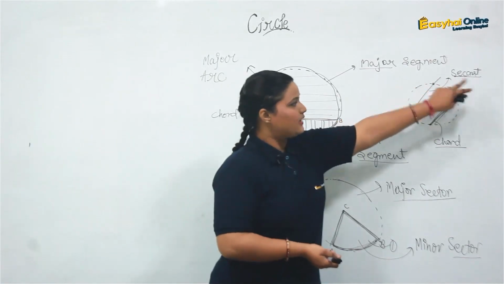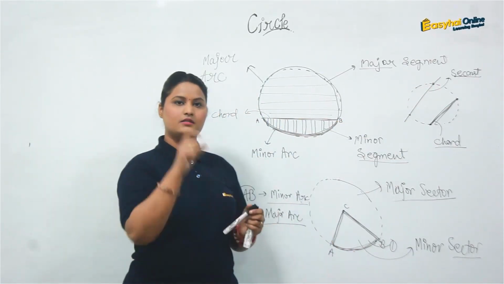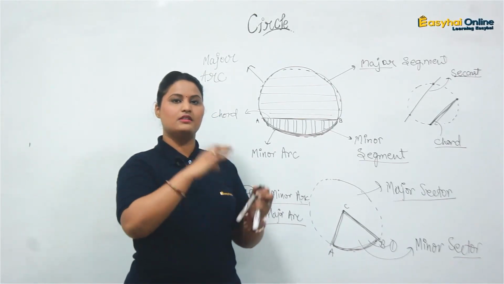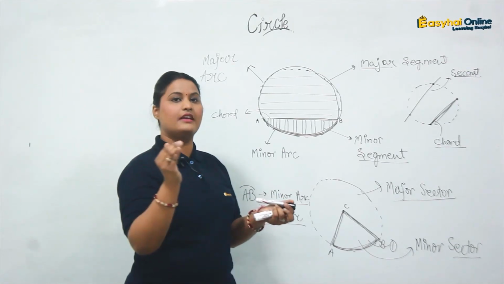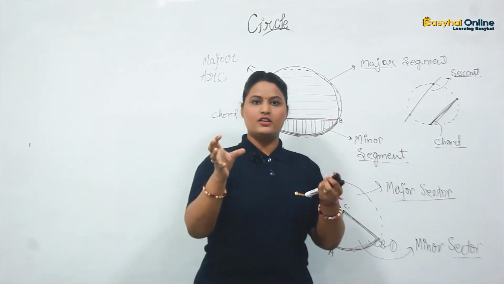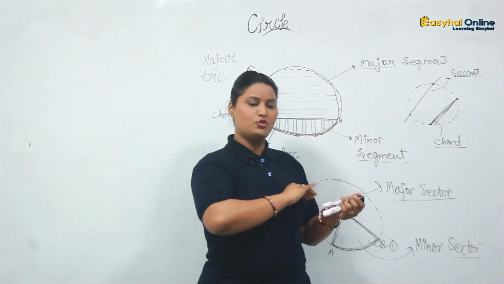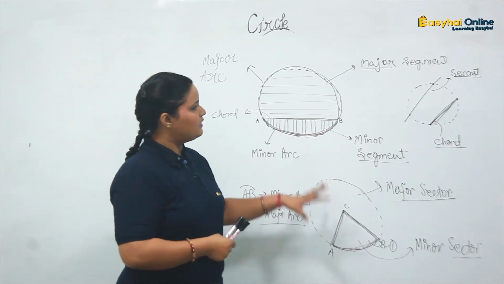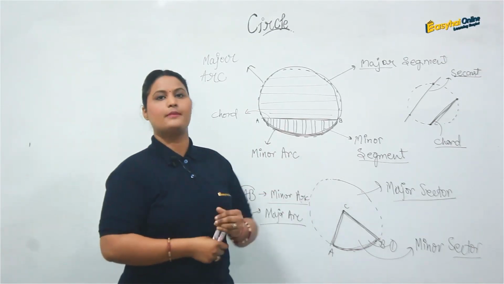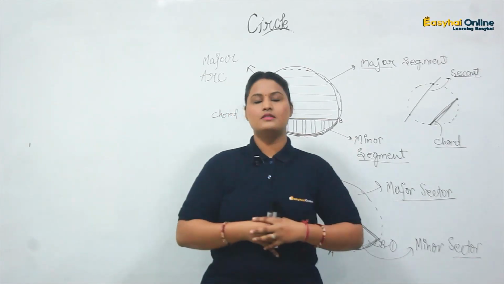And one more thing is the secant. The radius is half of the diameter, the diameter is the line joining two points passing through the center, a chord joins any two points, and a secant passes through two points of the circle. So we are done with the introduction of the chapter. Now we will move to the theorems related to circles.